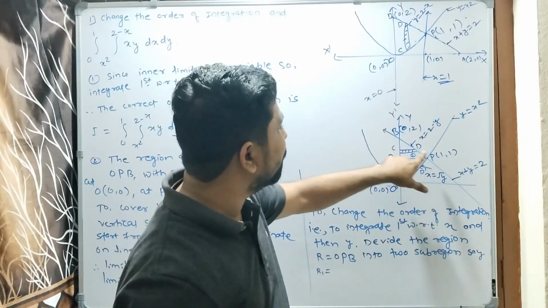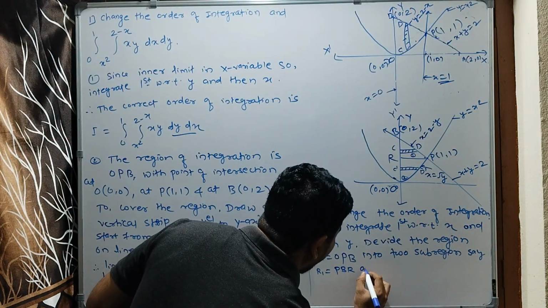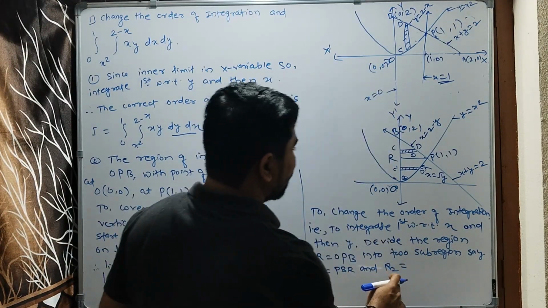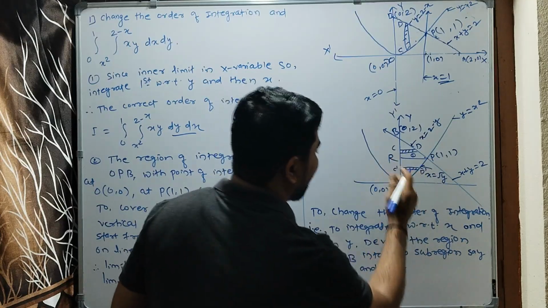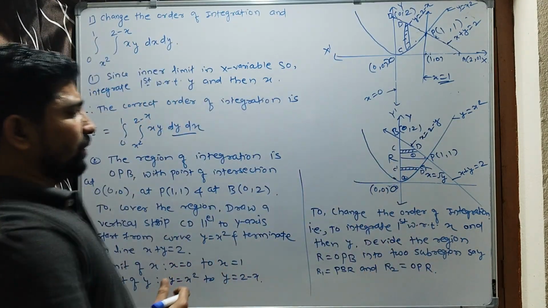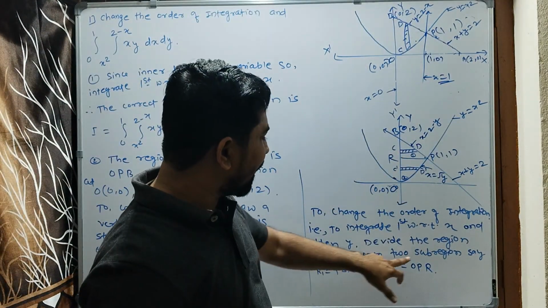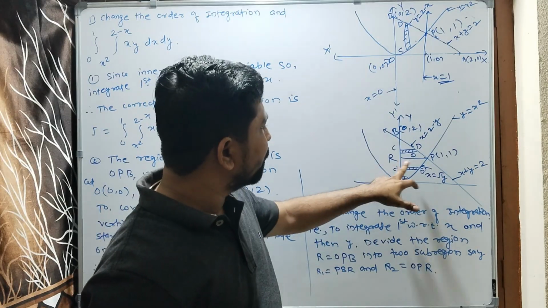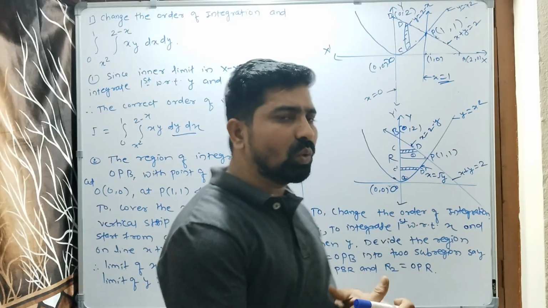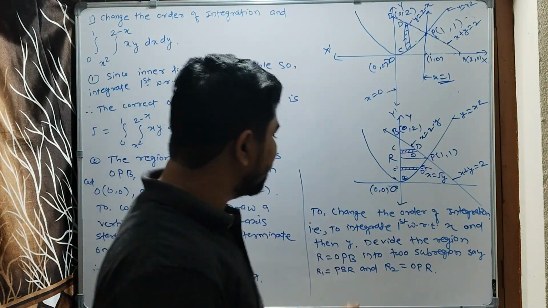R1 equals PBR and R2 equals OPR. So I am dividing my complete region OPB into two sub-regions, R1, which is PBR, and R2, which is OPR. Here I am dividing my original region into two sub-regions. Now I want to write some theory.